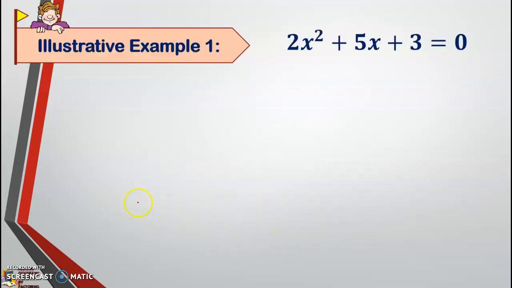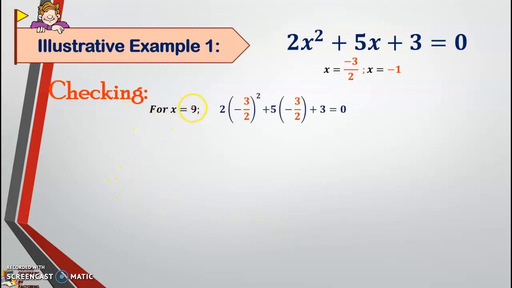For the checking, the last step, if x is negative 3 halves: 2 times negative 3 halves squared plus 5 times negative 3 halves plus 3 equal to 0. That becomes 9 over 4 times 2, which is 9 over 2, then 5 times negative 3 is negative 15 over 2, plus 3.